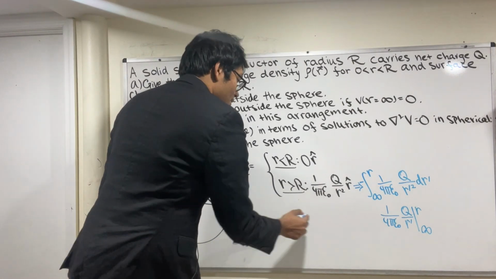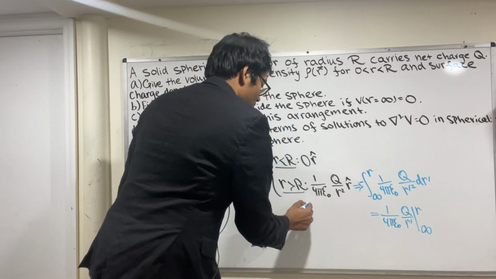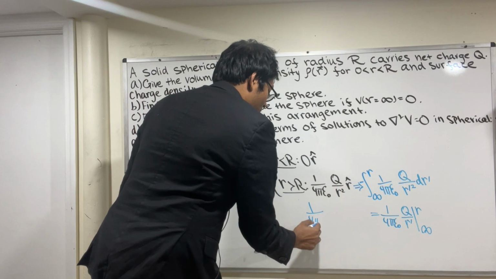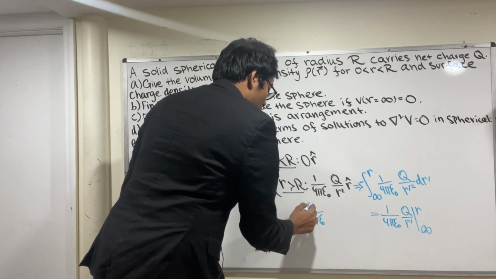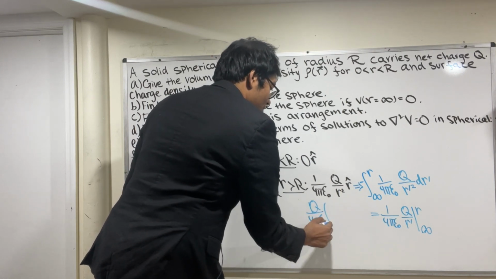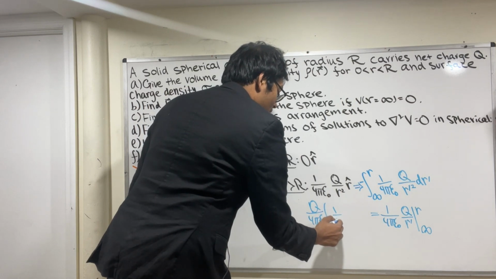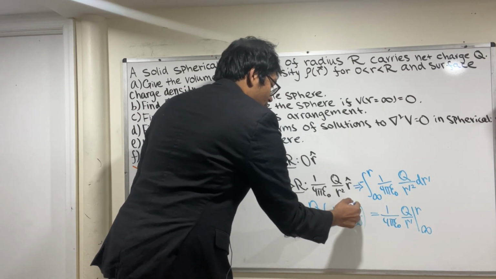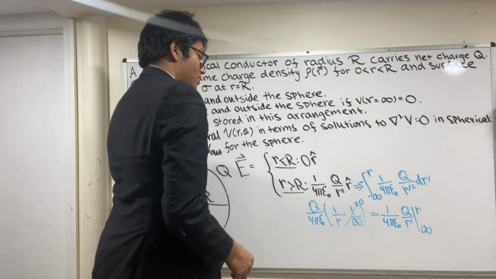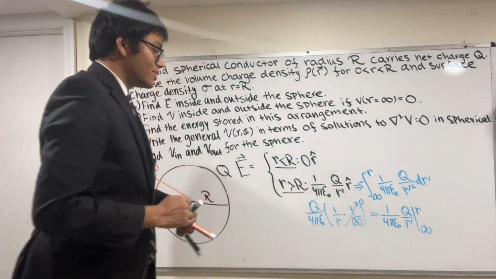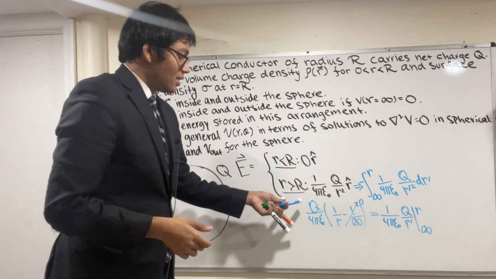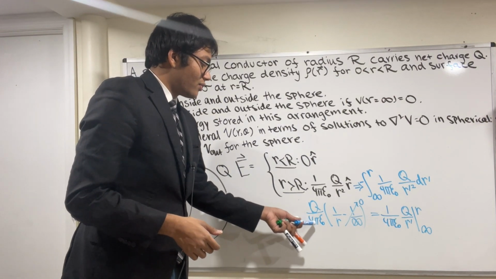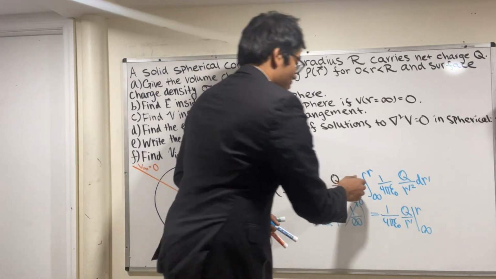And so let me write this over here. I'm going to have 1 over 4 pi epsilon naught. Let's put my q upstairs. And my upper limit is 1 over r. My lower limit, infinity. 1 over infinity, of course, is nothing more than 0. And so my electric potential outside should be q over 4 pi epsilon naught r. So let's write that down.